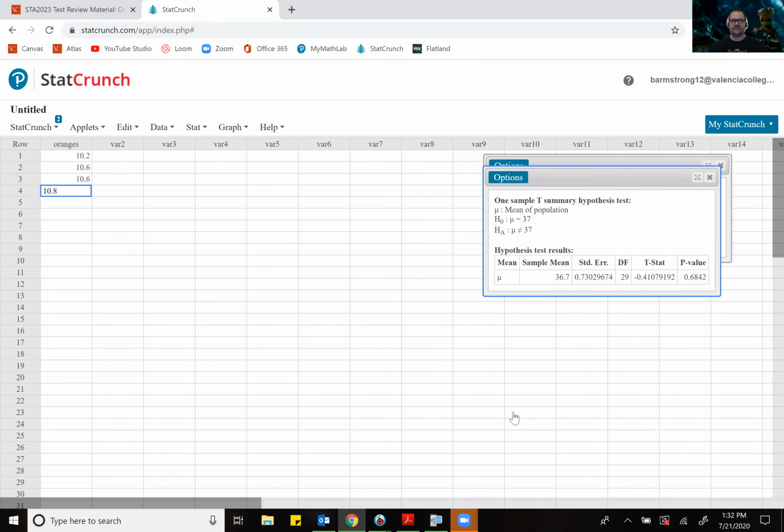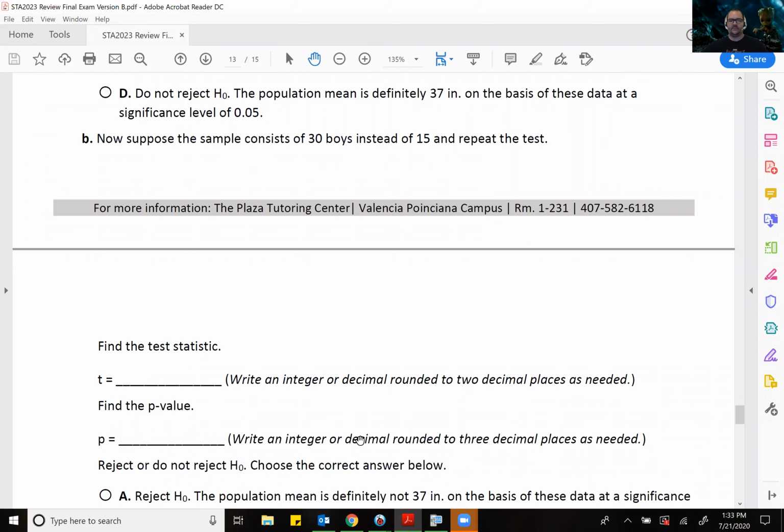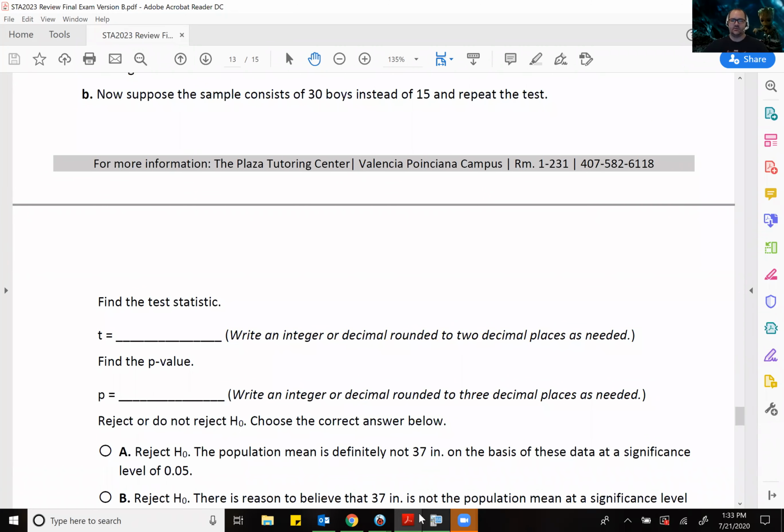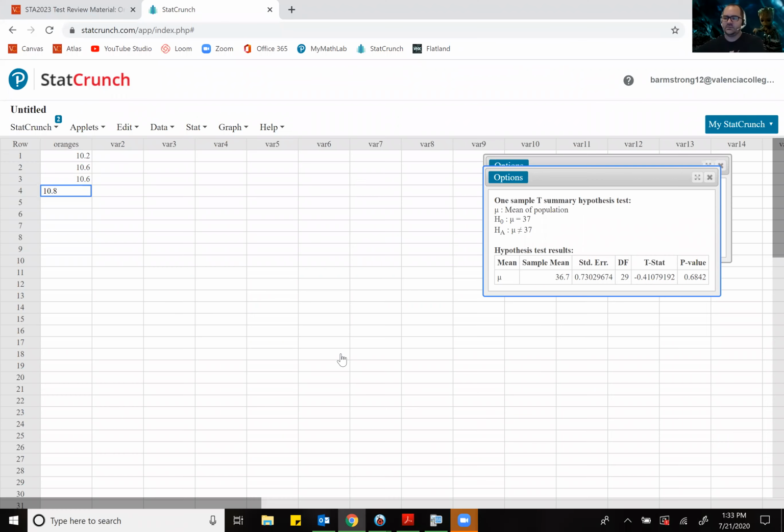So here's what we know this time. Our t statistic is equal to negative 0.41, because I believe it's going to make us round to the same thing, 2 decimal places, 3 decimal places. So negative 0.41.